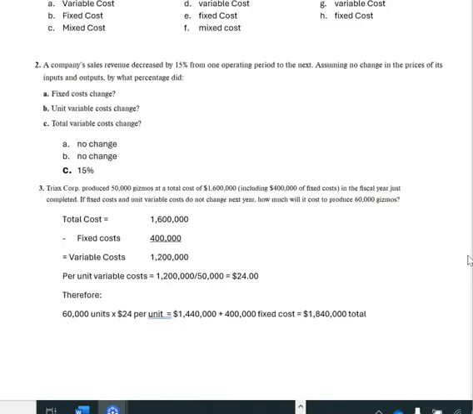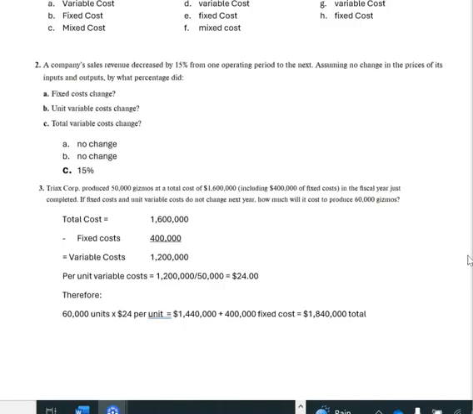We know 400,000 of that is fixed. So therefore we know the variable cost is 1.2 million. Of that 1.2 million variable costs, we know that we produced 50,000 gizmos. So 1.2 million divided by 50,000 gives you $24 per gizmo of variable cost.